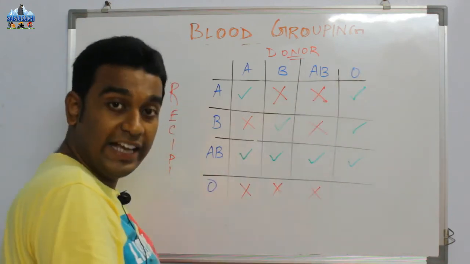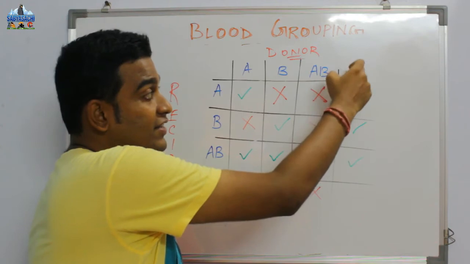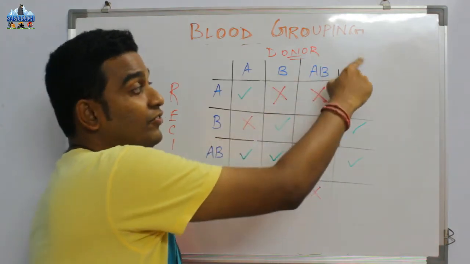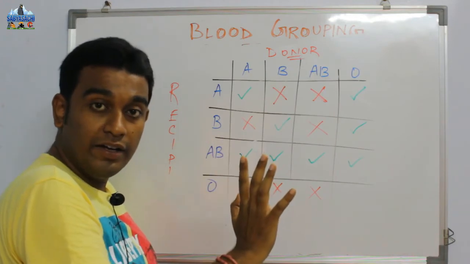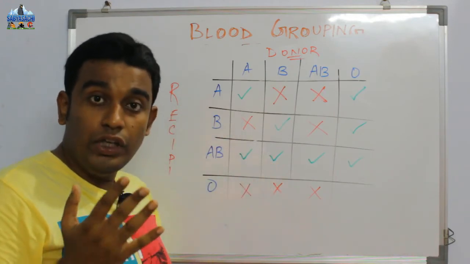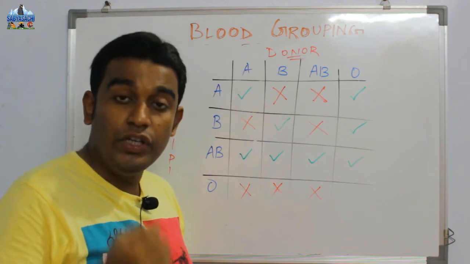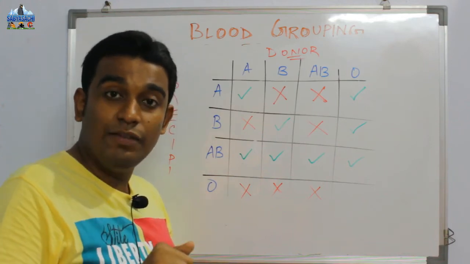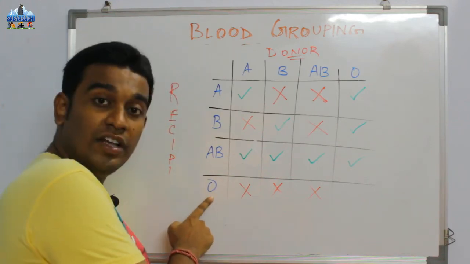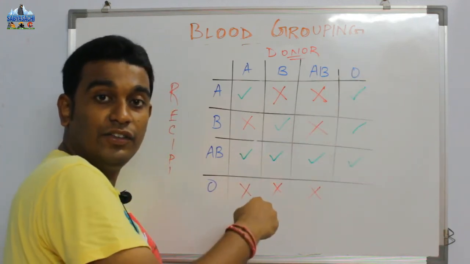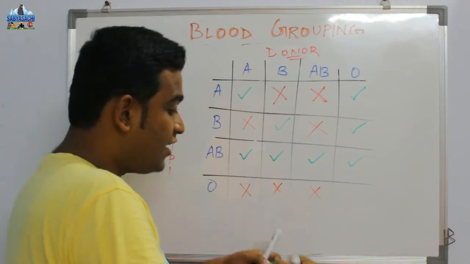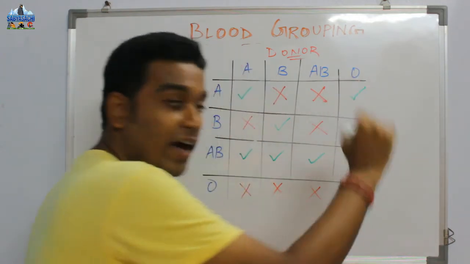O, again no antigens on the surface, both the antibodies on the plasma, but like I've told you, in order for agglutination to happen you need to have two things, antigen and antibody. You have got antibodies in the plasma, but where is the antigen on the surface? So here transfusion can be done.